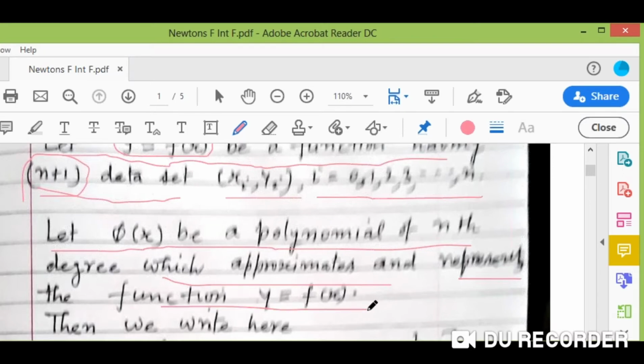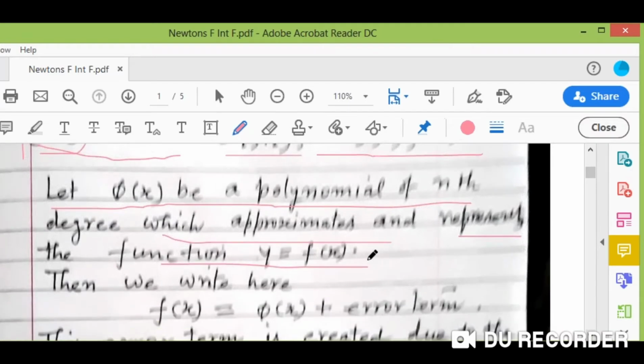I have already discussed time and again that this function can be approximated with the help of the polynomial, and perhaps this is the biggest contribution of the interpolation in the field of numerical analysis. After choosing the polynomial which is going to approximate the given function, we can simply write f(x) is equal to phi(x) plus error term.